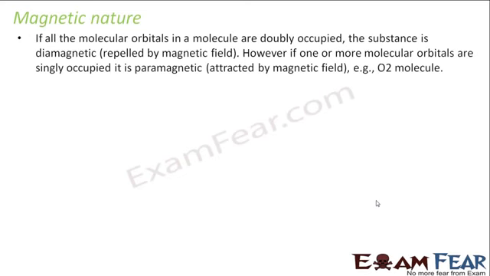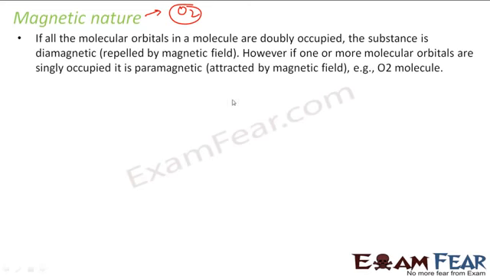Magnetic nature is something which we can easily find. When I started this theory, I talked about oxygen being paramagnetic, and it's difficult to tell it is paramagnetic by the earlier theories, but this theory helps us to find the magnetic nature. For example, the oxygen molecule, right? We'll tell you how to find this.